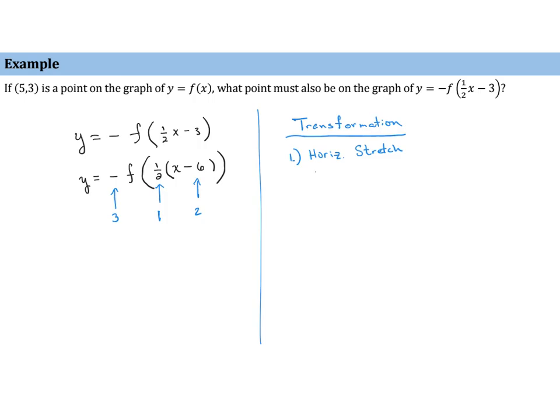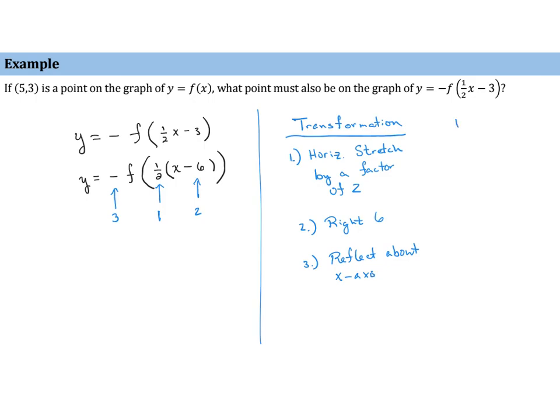And that's a horizontal stretch by a factor of 2. Then we move to the right 6. And then after that we reflect about which axis? All of the y coordinates are changing sign, so they're going to have to move to the other side of the x-axis.